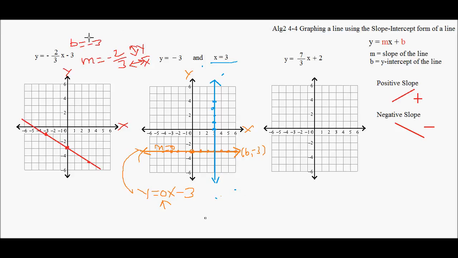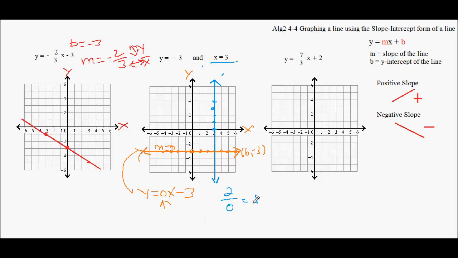So then what's the slope of this line? Well, you could go from this point to this point. It's 2 over 0, right? It's not going sideways. So this is very important.